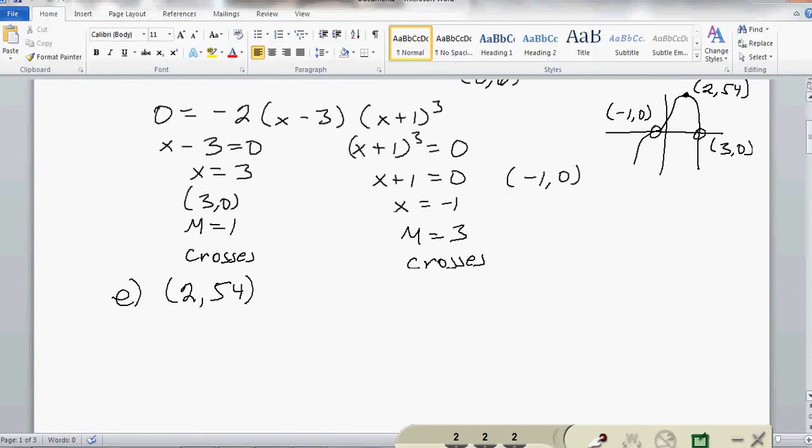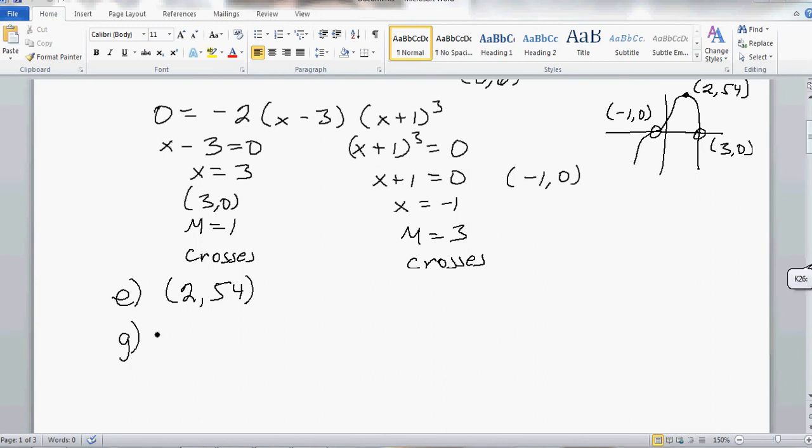Now that we have the graph, and it's a very rough graph, but that's okay, we can do it. G says find the domain of F. Well, the domain, any value seems to work. So that'll be -infinity to infinity.